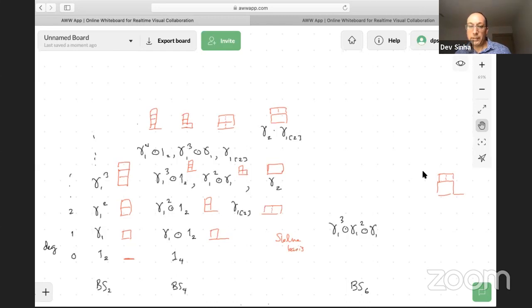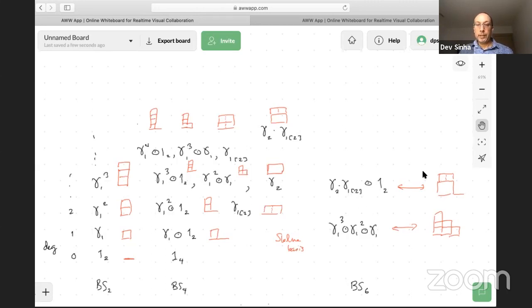This class is in algebraic notation. Well, this would mean I've got a gamma 1 cubed, that's a 3 column. Gamma 1 squared is a 2 column. Gamma 1 is a 1 column. This says I've got this new larger block, that was my gamma 2, with the other block stacked on top of it. That was gamma 1 divided power 2. So this is gamma 1 times gamma 1 divided power 2. And then I've got this empty space, and those empty spaces are transfers with units in cut product cohomology.